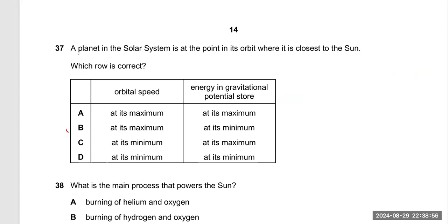Now moving towards space physics. This is interesting. A planet in the solar system is at the point in its orbit where it is closest to the sun. Which row is correct? Remember that you have to understand the solar system: the orbit in which planets are revolving around the sun is not completely a circular path.